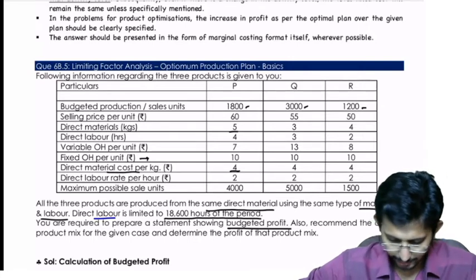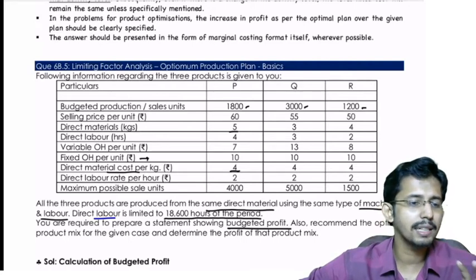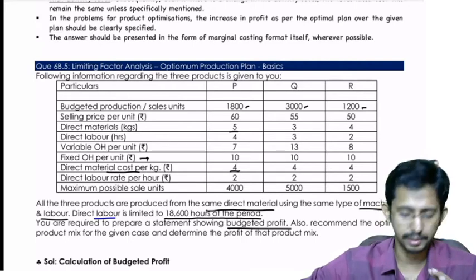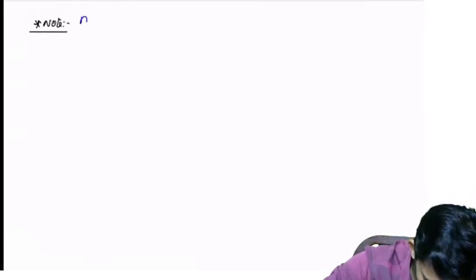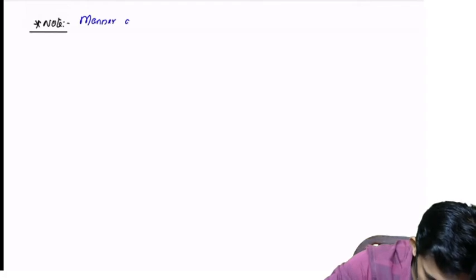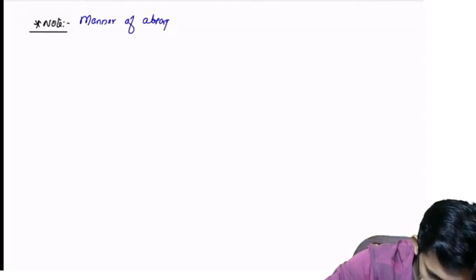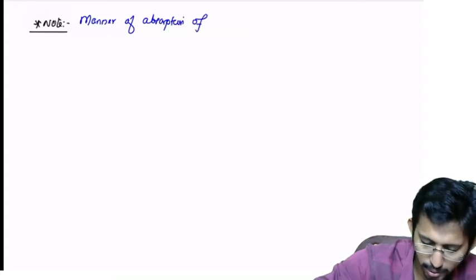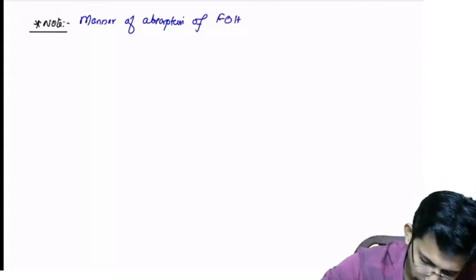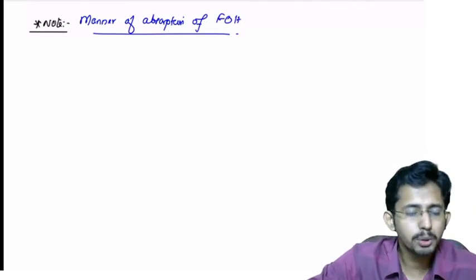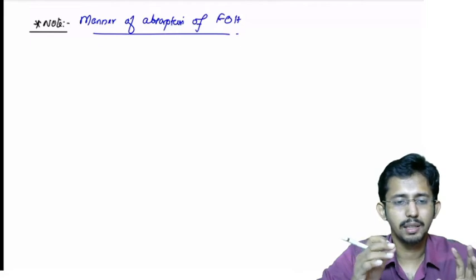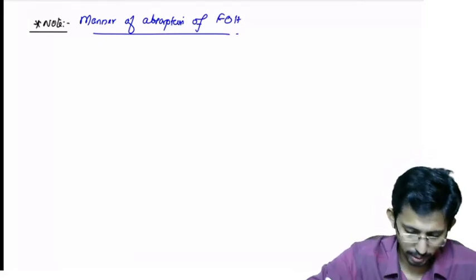Okay, how do you do that? You already know that the fixed overhead is computed on the budgeted fixed cost. Okay, I will give you certain formulas here, as a note. Manner of absorption of fixed overhead. Okay, how fixed cost or fixed overheads are absorbed to the cost objects or cost units. Okay, manner.